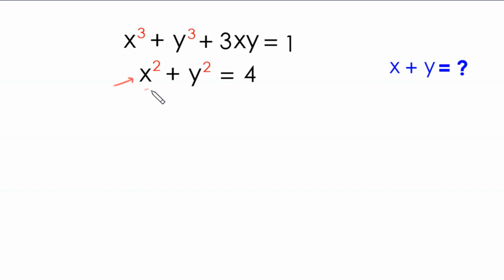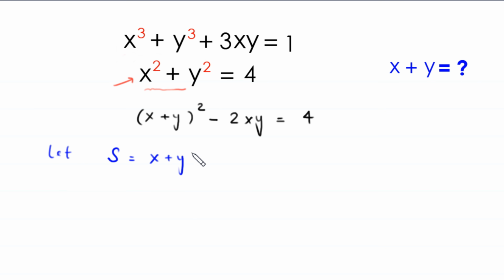This x squared plus y squared can be factorized as x plus y whole squared minus 2xy equal to 4. We suppose that let s is equal to x plus y and p is equal to x times y.